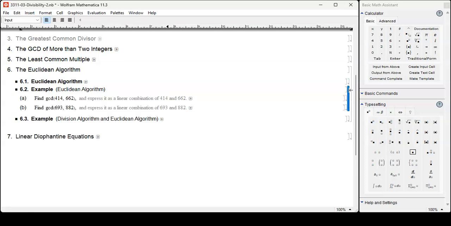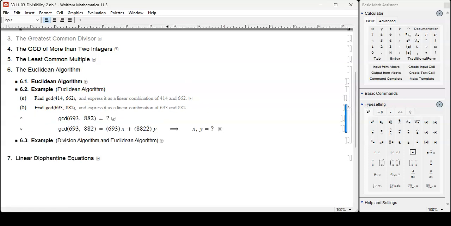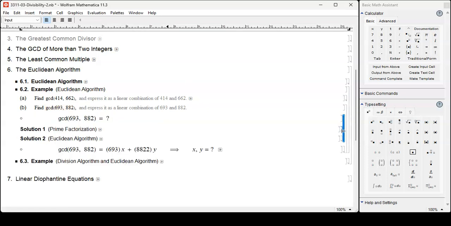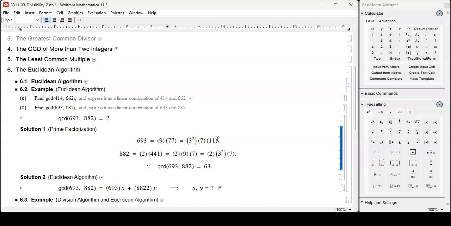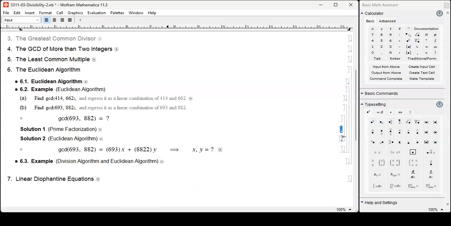Let's go back to the example problem, and let's go ahead and do this problem. Find out the GCD of 693 and 882 through Euclidean algorithm. Yes, you can do it with the prime factorization. In this case, GCD will turn out to be 63. But you can apply Euclidean algorithm. Let's see.